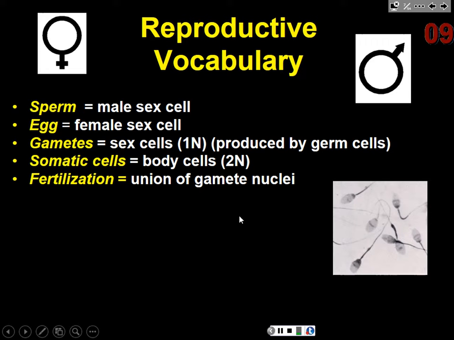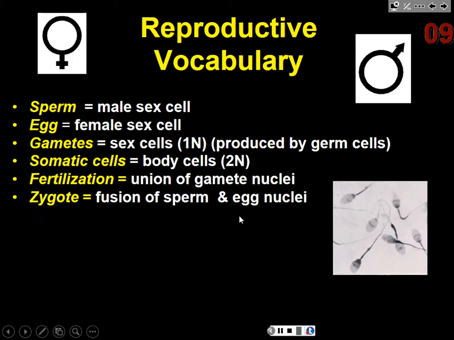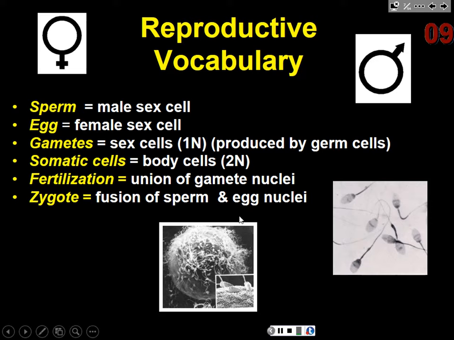Union of the nuclei of those two gametes is called fertilization, and the resulting cell that's now diploid is called a zygote.